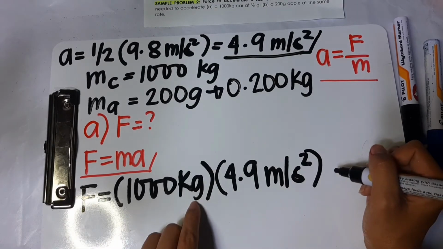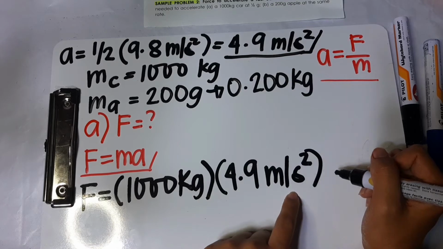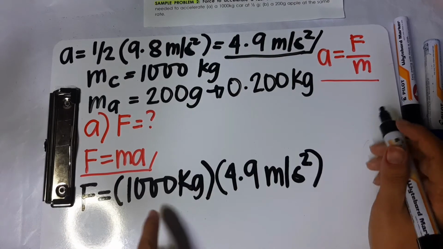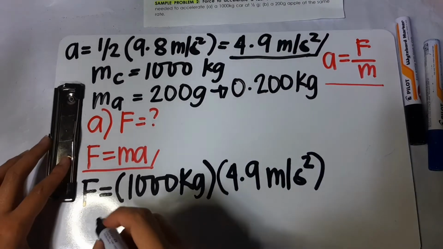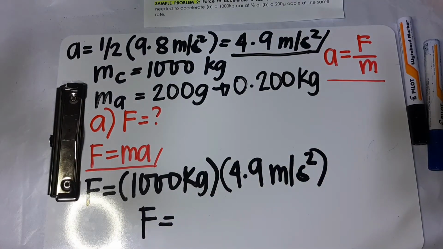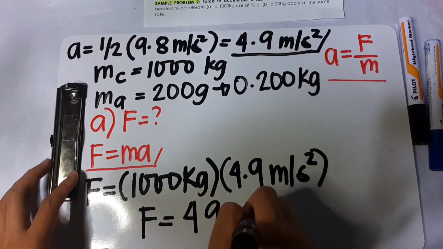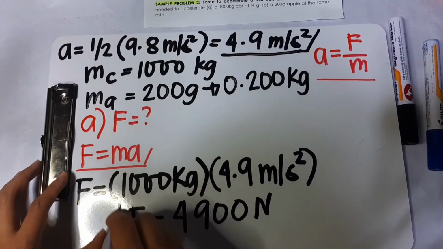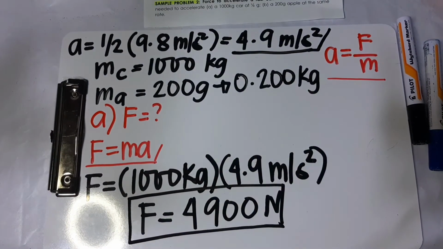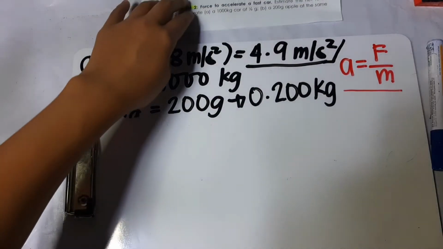Kilogram times meter divided by second squared is equivalent to newton. So 1,000 times 4.9, the force of the car is equivalent to 4,900 newtons. So this is the force of the car.